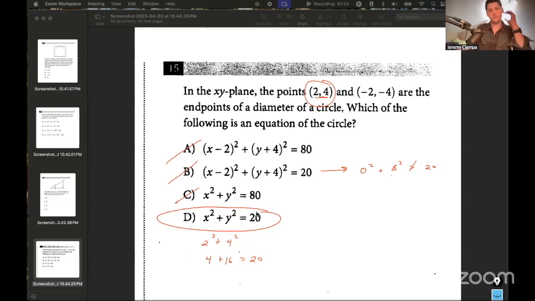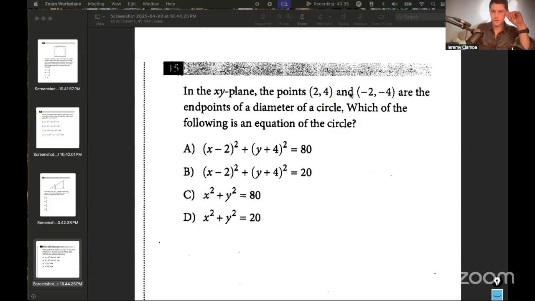Out of curiosity, I'm wondering, certainly I know 2 squared plus 4 squared does equal 20, it doesn't equal 80. But I wanted to look really quickly. Yeah, this one won't work either. I wanted to check in on that because I said at the beginning we needed to know the radius. I guess the truth is we didn't need to know the radius.